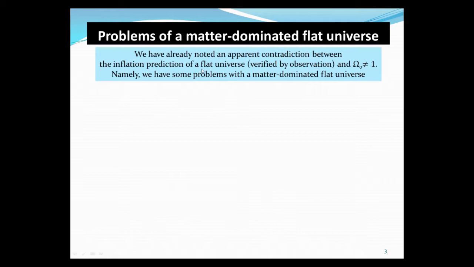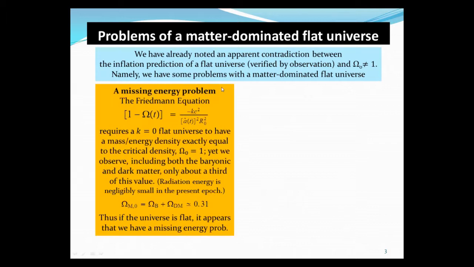We already know there is an apparent contradiction between the inflation prediction of a flat universe, which is verified by observation of CMB anisotropy, and the fact that the matter density is not equal to the critical density; omega is not equal to 1. So we have a problem with a matter-dominant flat universe.